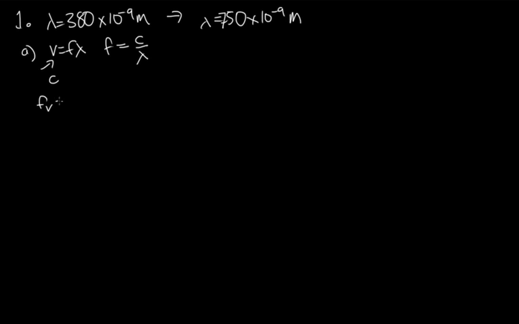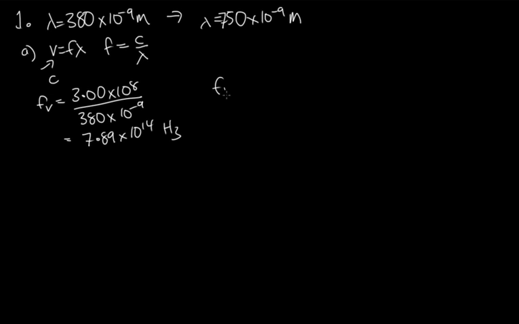So f for violet is equal to c, which is 3 times 10 to the 8 meters per second, over 380 times 10 to the minus 9. And solving this one on the calculator, we end up with 7.89 times 10 to the 14 hertz.